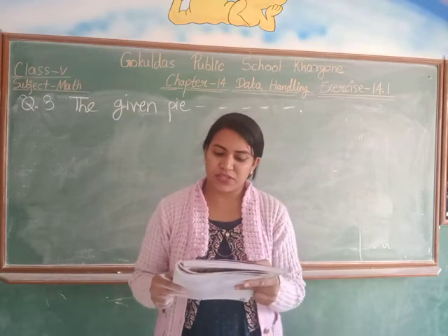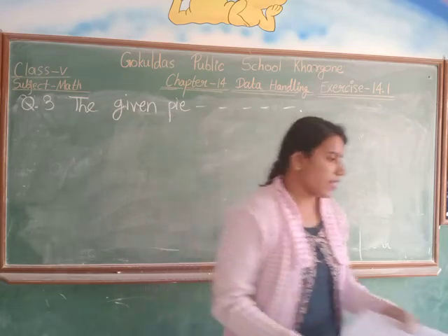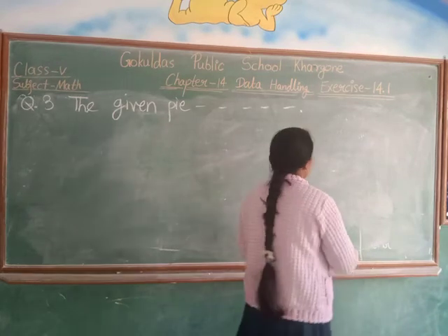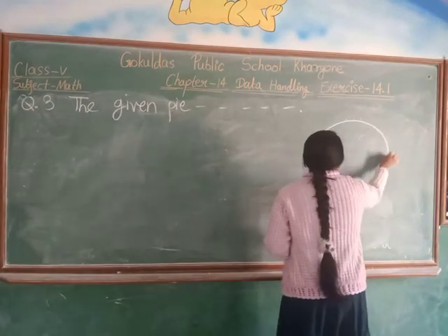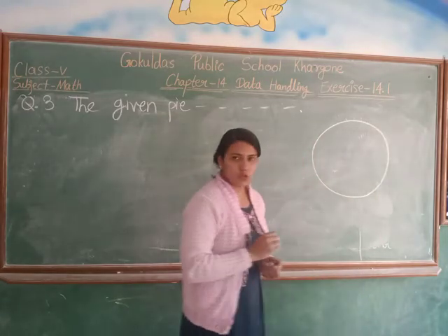Answer the following questions by looking at the pie chart. Already a pie chart is given in your book, right? By observing this pie chart, you have to answer the following questions.